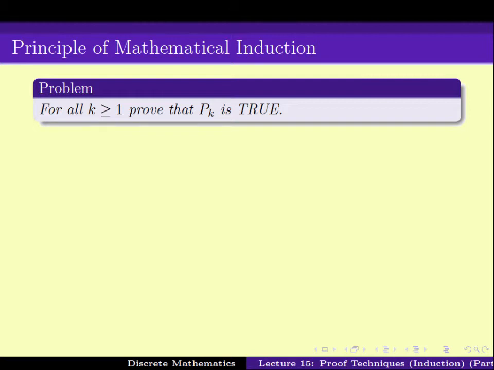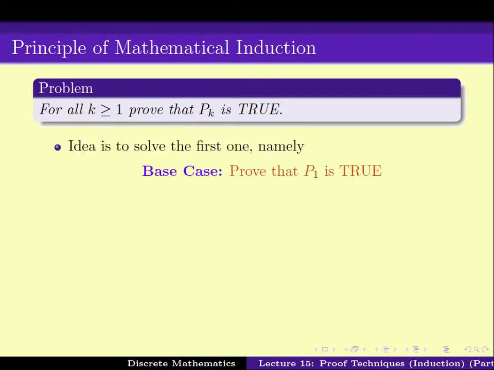Now, to prove a statement using mathematical induction, there are three basic steps. The first step is what we call the base case, which basically means that P1 is true. Note that all three steps are important. Namely, if I don't start with the base case, then there is no way of starting this whole process. So the base case is required.